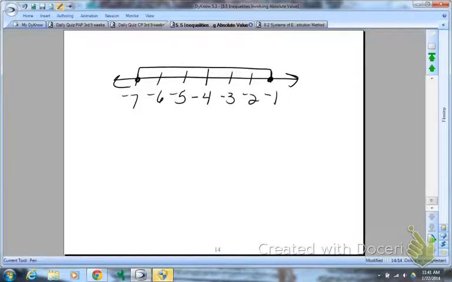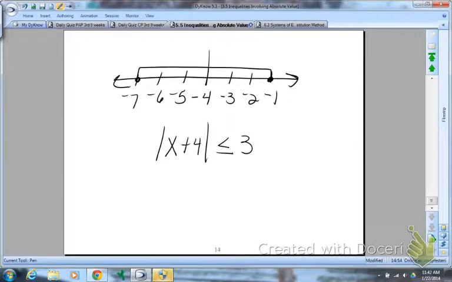What's the middle? The negative 4 is the middle, so it's absolute value of x minus a negative 4. And how do you write minus a negative 4? Plus 4. And it's a less than or equal to what? 3. So there's the equation.